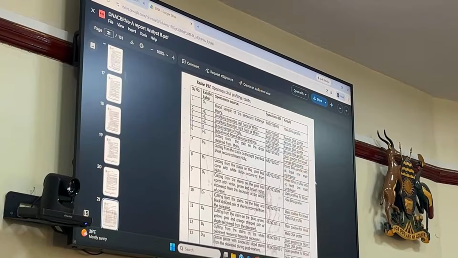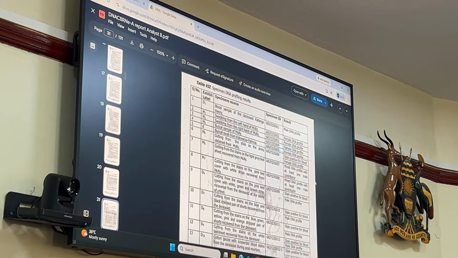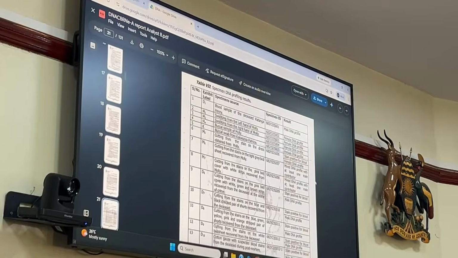And what about sample 5? Sample 5 is from Patricia, and that's the buccal swab. They were used as the main reference DNA profiles. For Molly, it was the mouth. Yes, Molly and Patricia the mouth, with Henry from a blood sample.